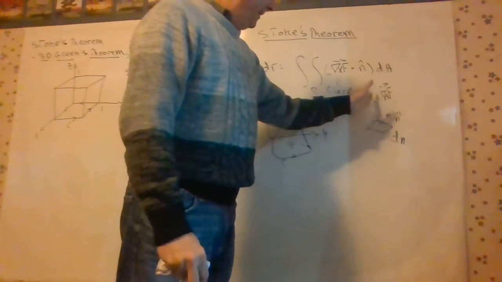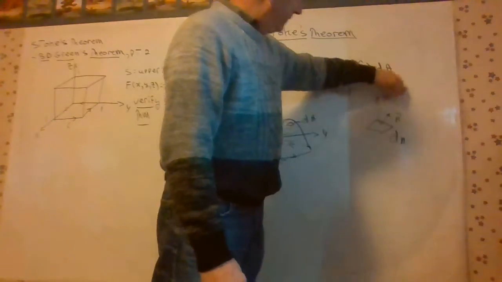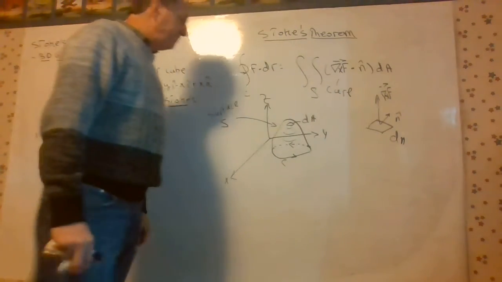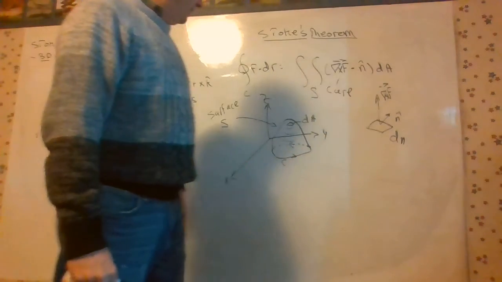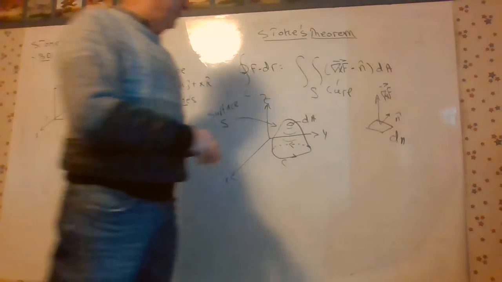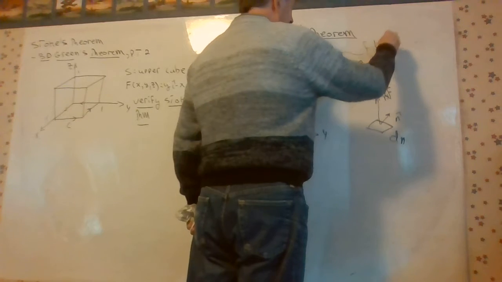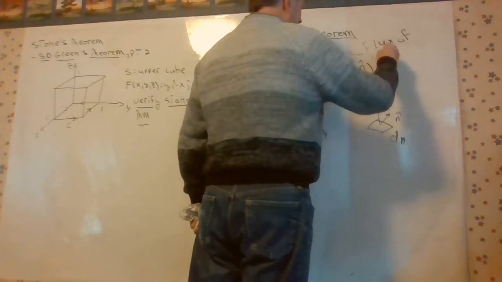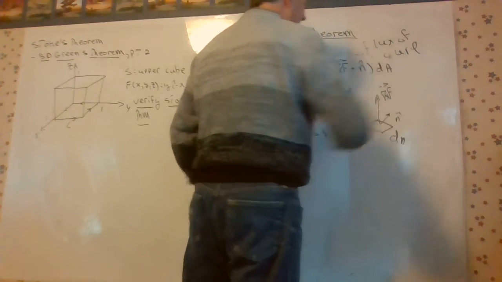If you dot the curl on that, it'll give you the component of the curl in the direction of N. And if you multiply by dA, add it up, it says we get the same as this path integral. So this actually gives you the flux of the curl.